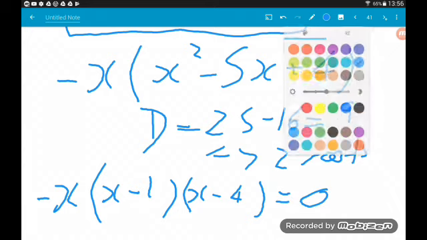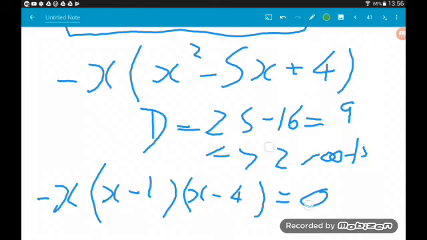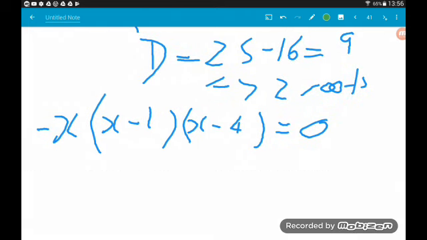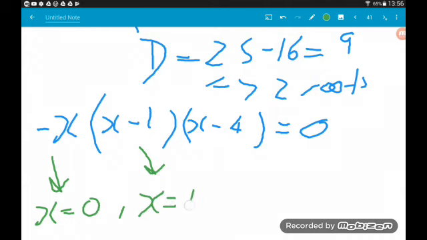Now we can think about our roots. So, as ever, this x term, even though it's a minus x, still tells us x is equal to 0. Second bracket tells us x is equal to 1. Third bracket tells us x is equal to 4. Good times. So we've factorised, we've solved, let's sketch.